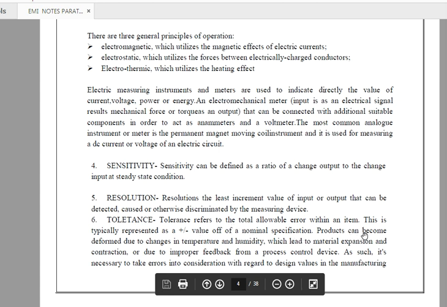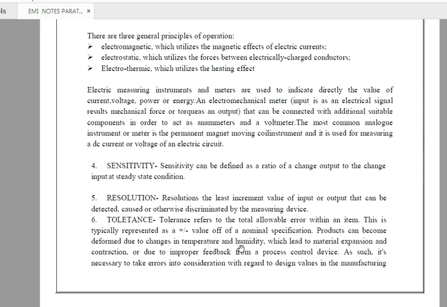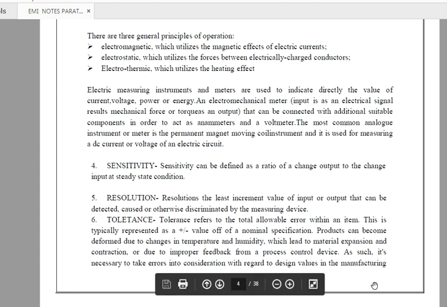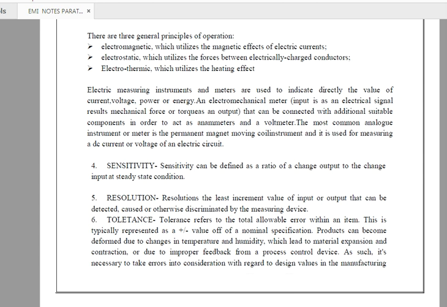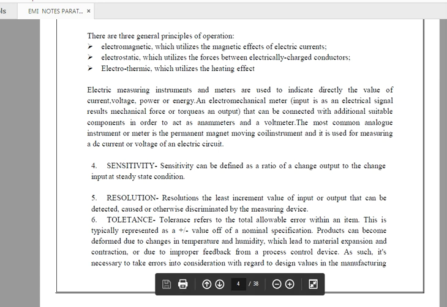Products can become deformed due to the change in temperature, humidity or other physical factors, which lead to material expansion and contraction, or due to improper feedback from a process control device. So it is necessary to take errors into consideration with regard to design value in manufacturing.